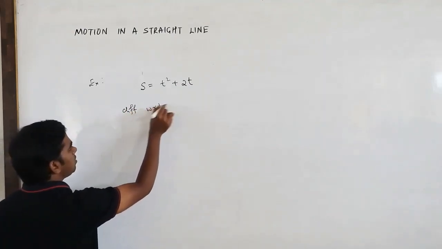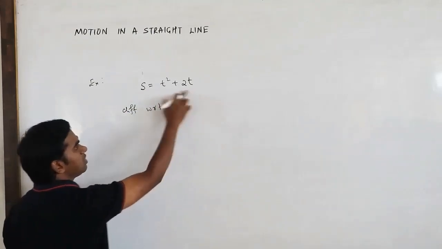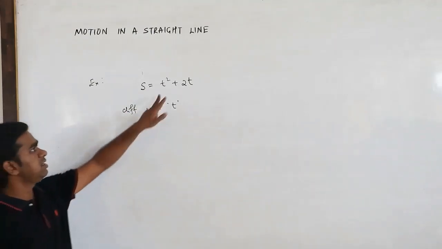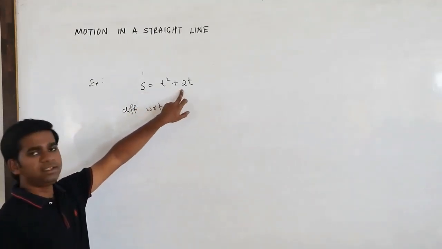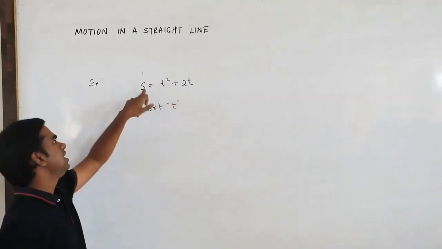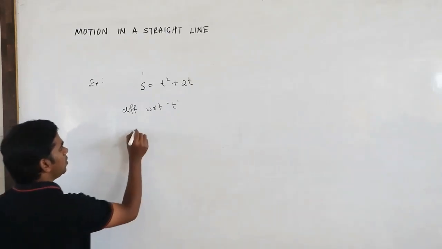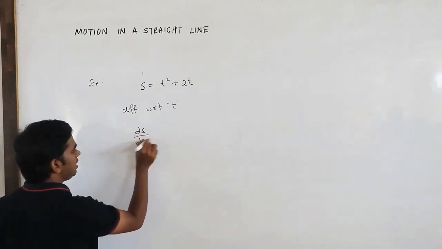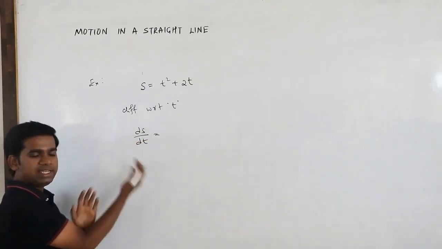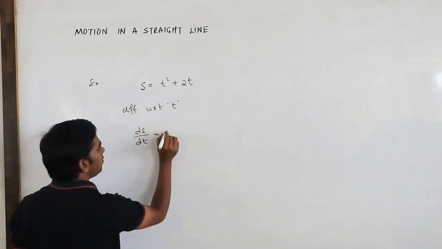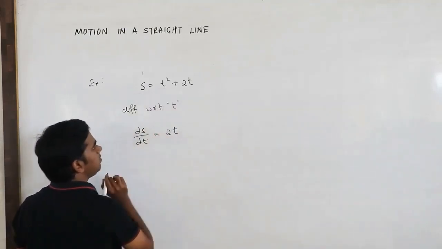Differentiate with respect to t. Here x is not there, t is there. If s is a function of t, differentiate with respect to t. If s is a function of x, differentiate with respect to x. So ds by dt, not dx, dt. So t square, what you can write? 2 into t.